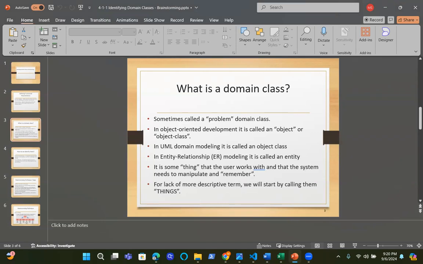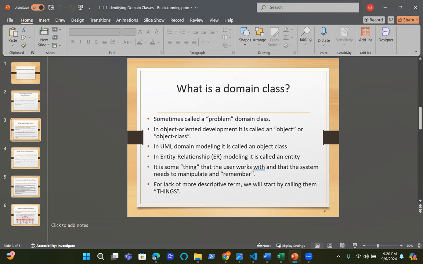So, what is a domain class? Sometimes we call it a problem domain class. Problem refers to the business need or the business problem. It's also sometimes called an object class because it is a part of the definition for the object-oriented design. The class defines the properties of the set of objects.